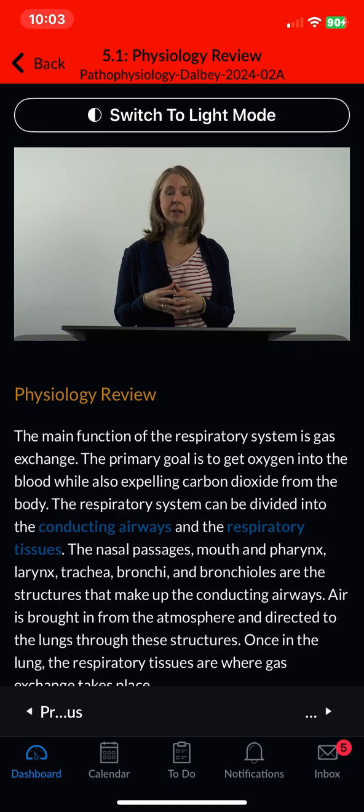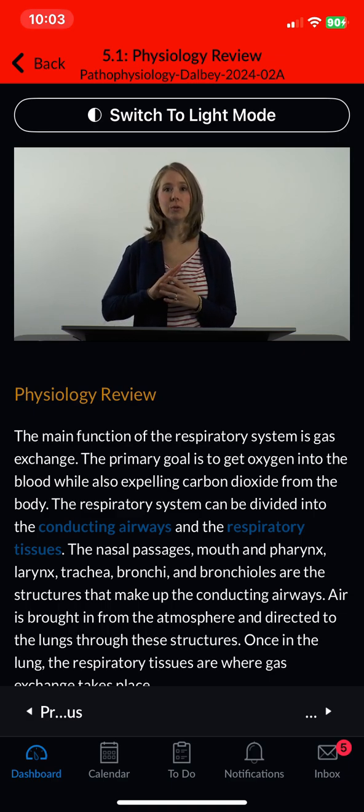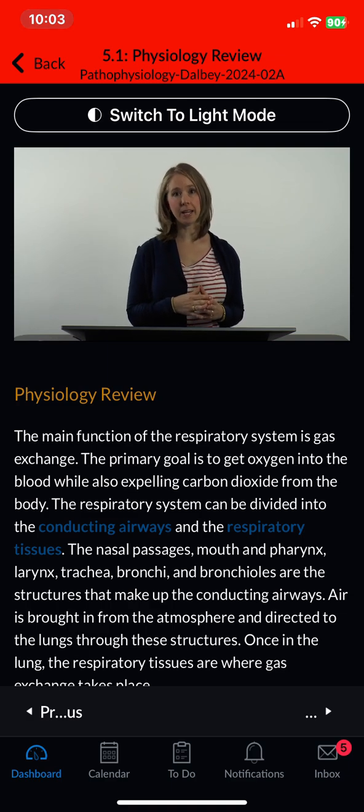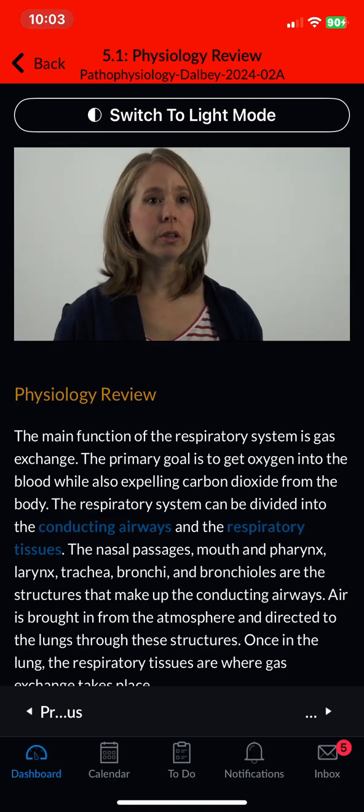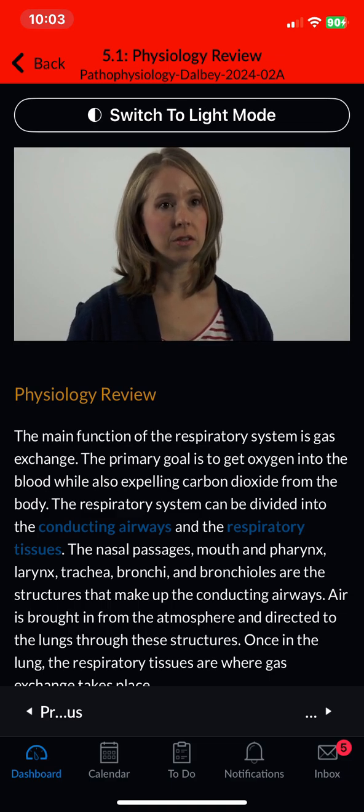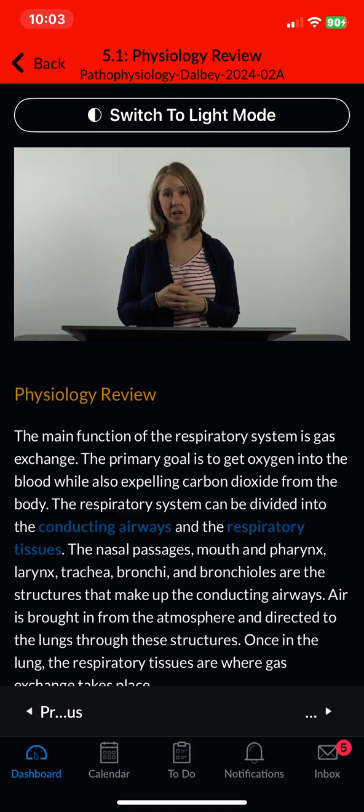At the same time, our respiratory system allows us to get rid of carbon dioxide, which is a waste. And we need to get rid of that carbon dioxide because it ties to our homeostatic balance of pH. So in this module, we're going to be looking at the anatomy that allows us to control this gas exchange.